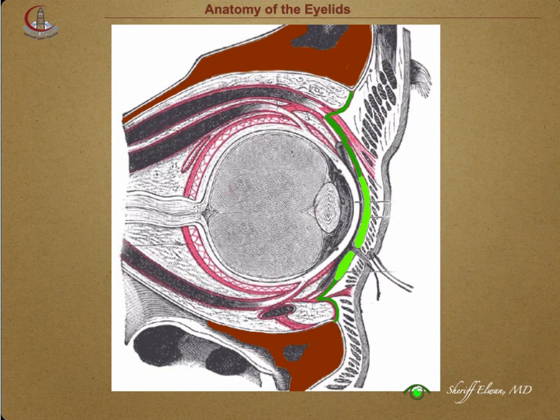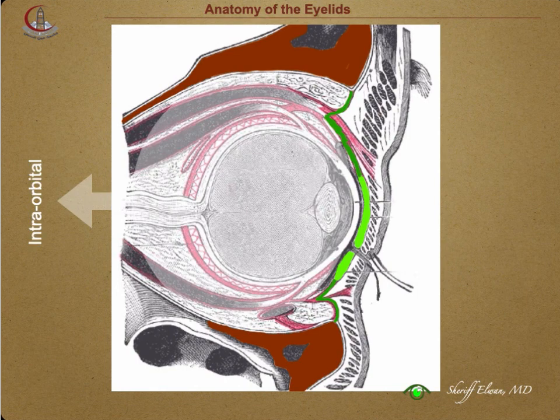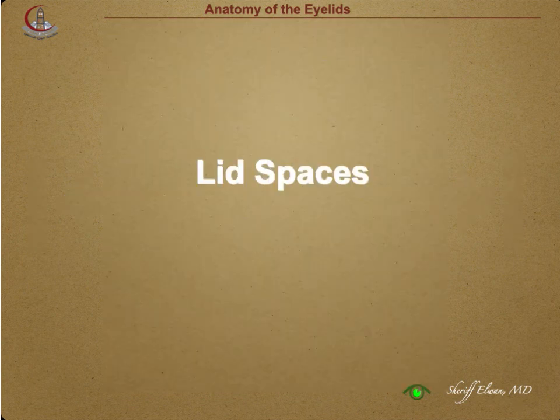As you can see, from bone to bone there is a complete sheet composed of the septum and the tarsi, separating what is inside the orbit, that is intraorbital structures, from what is outside the orbit, that is extraorbital structures. So the globe is intraorbital, but the orbicularis is extraorbital. The lacrimal gland has a part of it intraorbital and a part of it extraorbital.